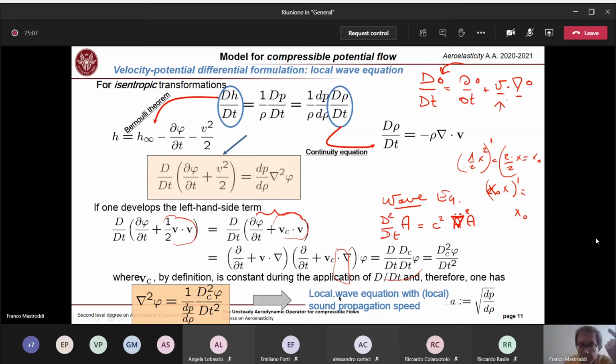Secondly, you are observing this wave propagation in a local frame of reference with the velocity of the particle in such a point. But you are not following the particle in this frame of reference, but you are moving with a constant translation with the velocity of your particle as well.